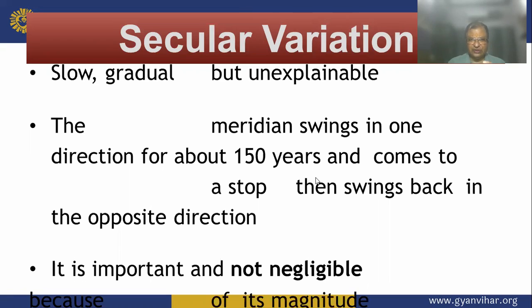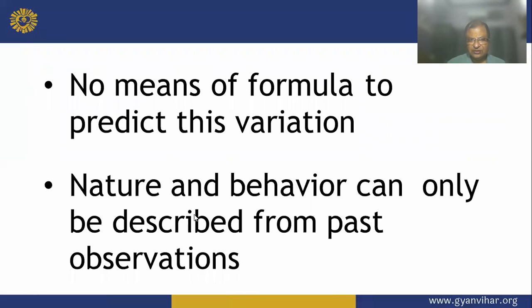Now secular variation is slow, gradual but unexplainable. The meridian swings in one direction for about 150 years, comes to a stop, and swings back in the opposite direction. It is important and not negligible because of its magnitude. There is no mean or formula to predict this variation.